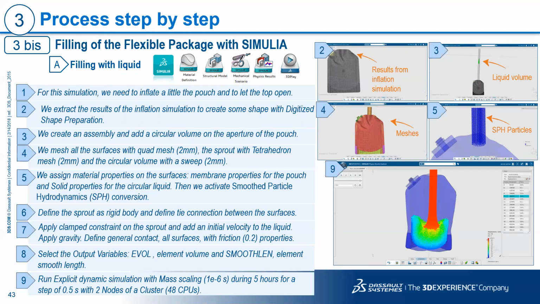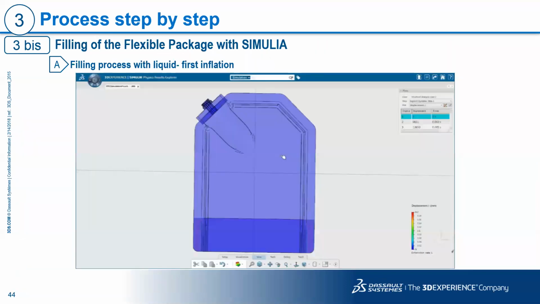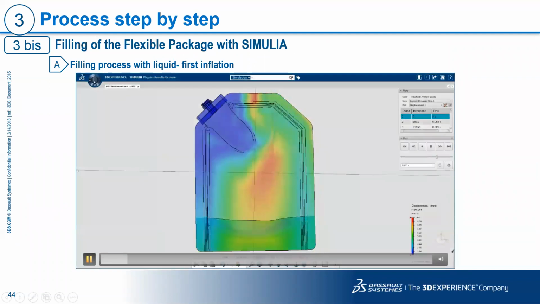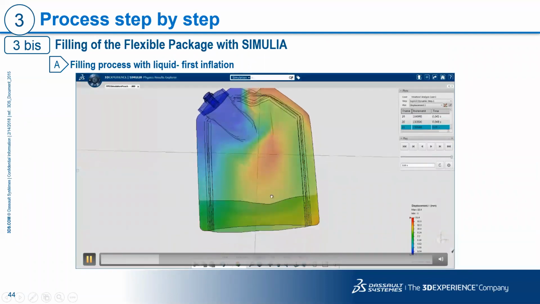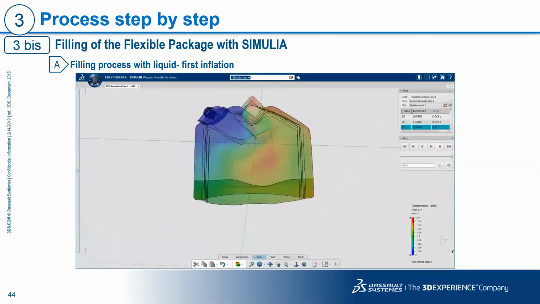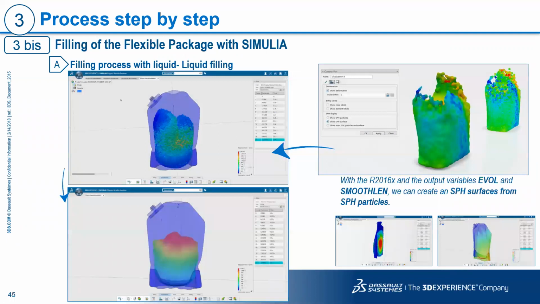I have a video here, so I will not spend too much time here right now. And we fill the process. We fill the pouch here, first with liquid, first inflation here, and then we have the filling process with liquid filling here.